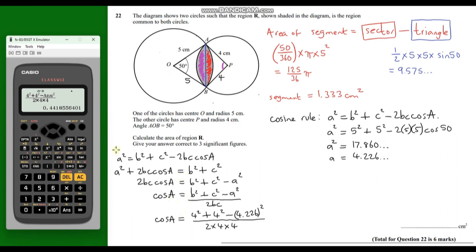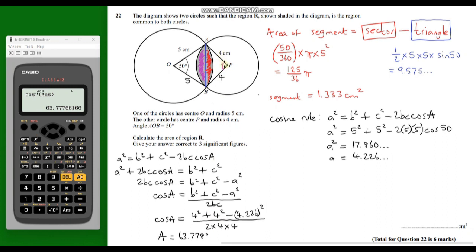And remember, this is not my angle because this is just the cosine of A. To work out what A is, we just need to take the inverse cosine of this answer. So shift cosine answer, close brackets, and we get, that's a better looking answer, 63.778 degrees, to 3 decimal places.